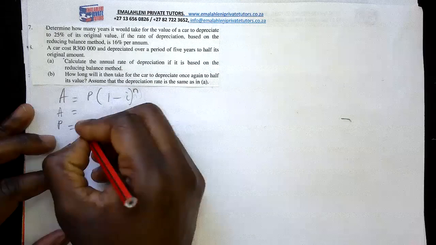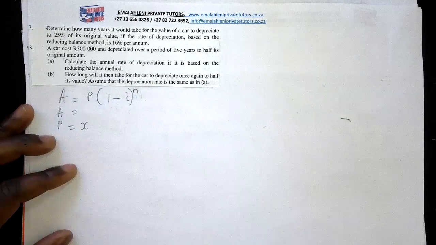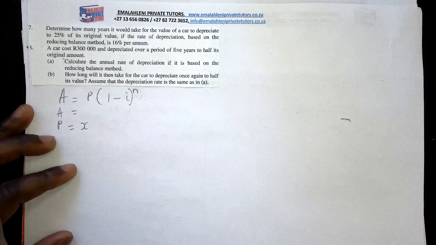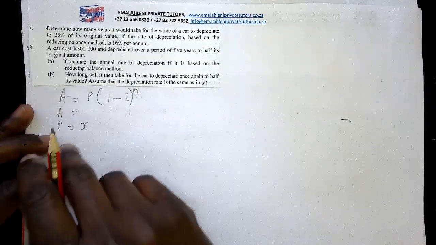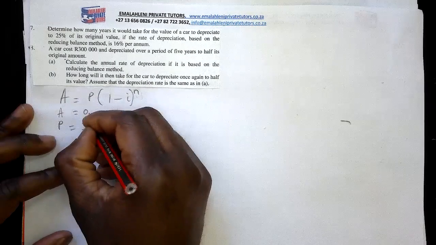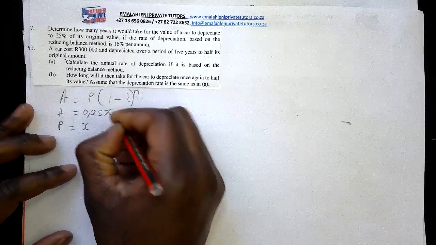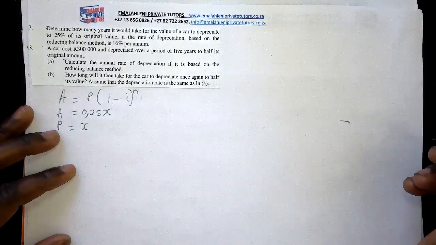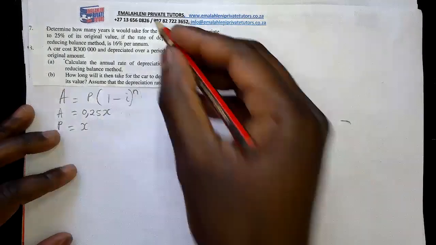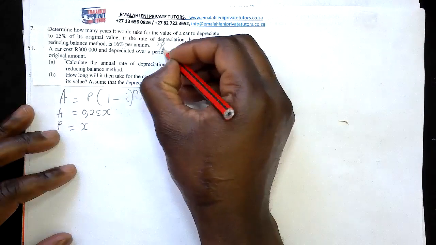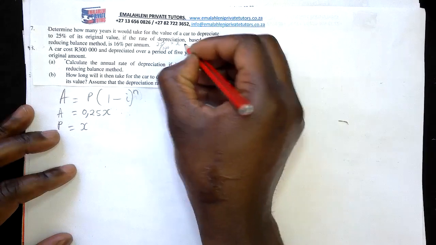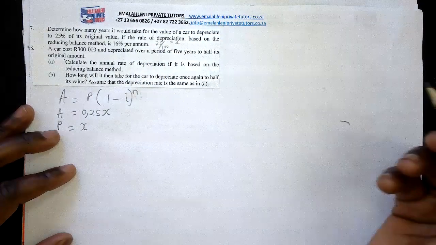It's X. But this car is going to be reduced to 25% of X. So what is 25% of X? 0.25X. 25 over 100 times X, and 25 over 100 is 0.25. That's why we're writing it like that.